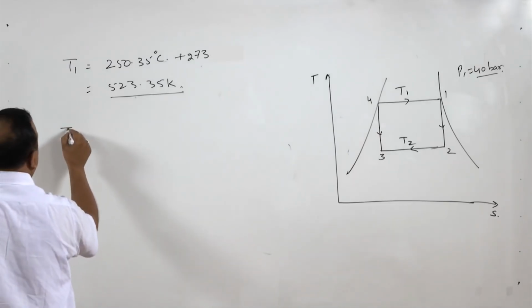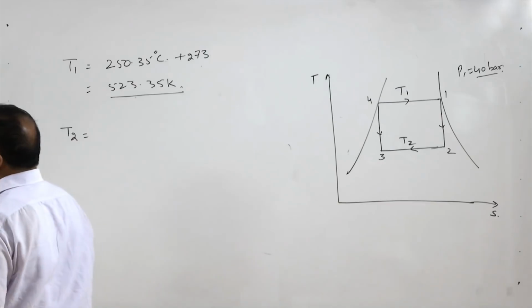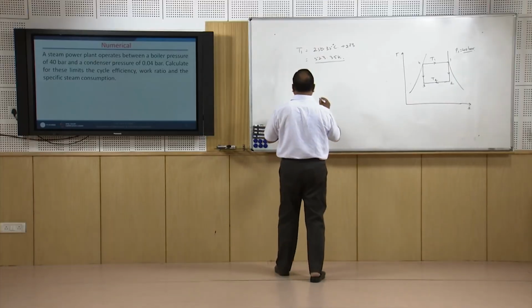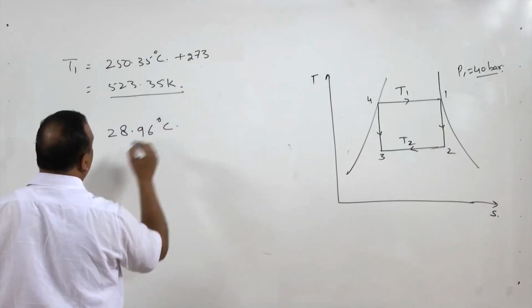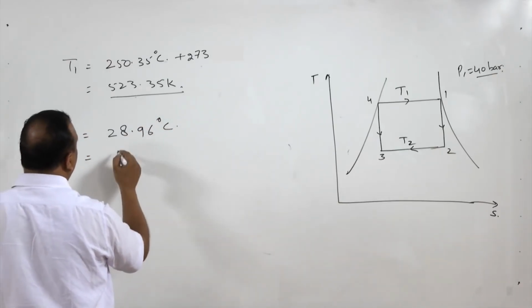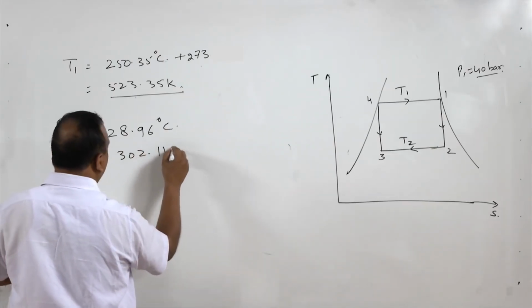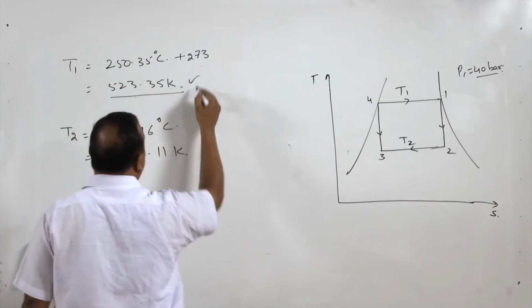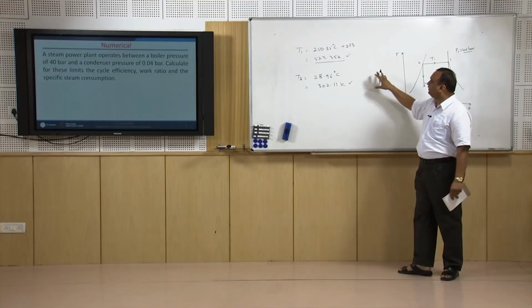Now similarly, you can calculate the temperature T2 at 0.04 bar. It is 28.96 degrees centigrade, and if you convert this into Kelvin again, you will get 302.11 Kelvin.